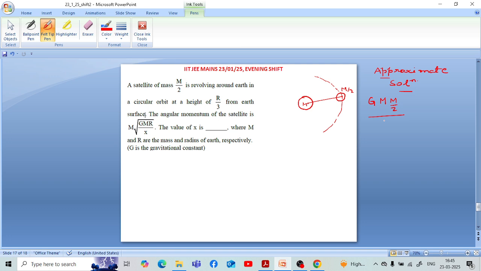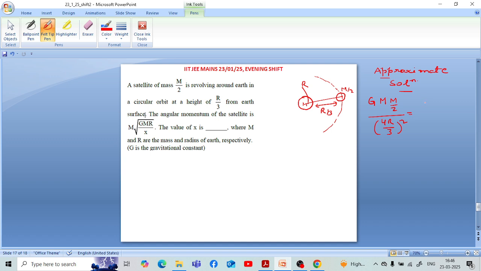The distance from the Earth's surface is R by 3, and the radius of Earth is R, so the distance between the center of the satellite and the center of the Earth is 4R by 3, and its whole square. This gravitation force provides the centripetal force, which is given by mv square upon r.